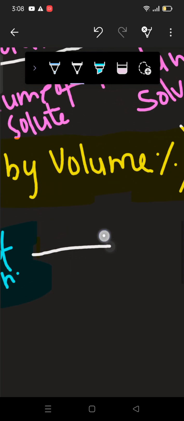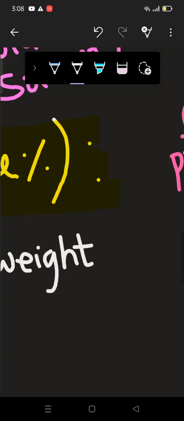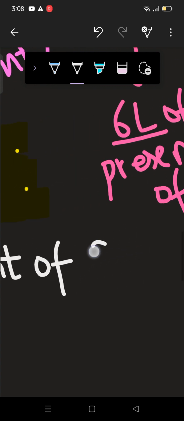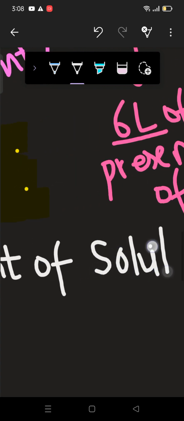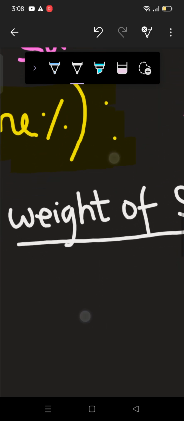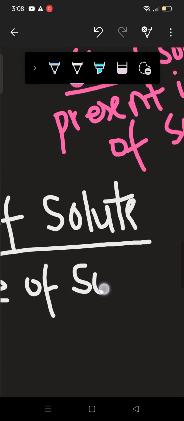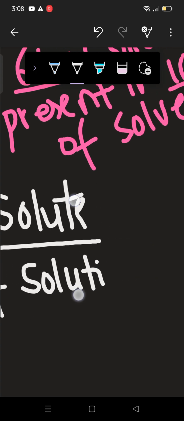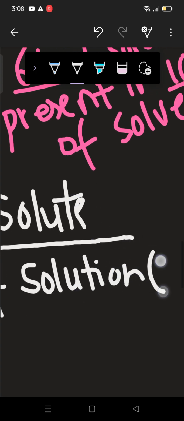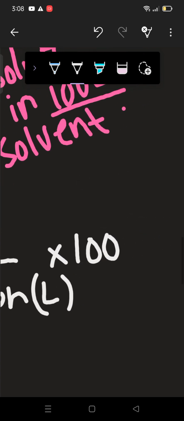So the formula is weight of solute per unit volume of solution in liters into 100, since we are finding the percentage.